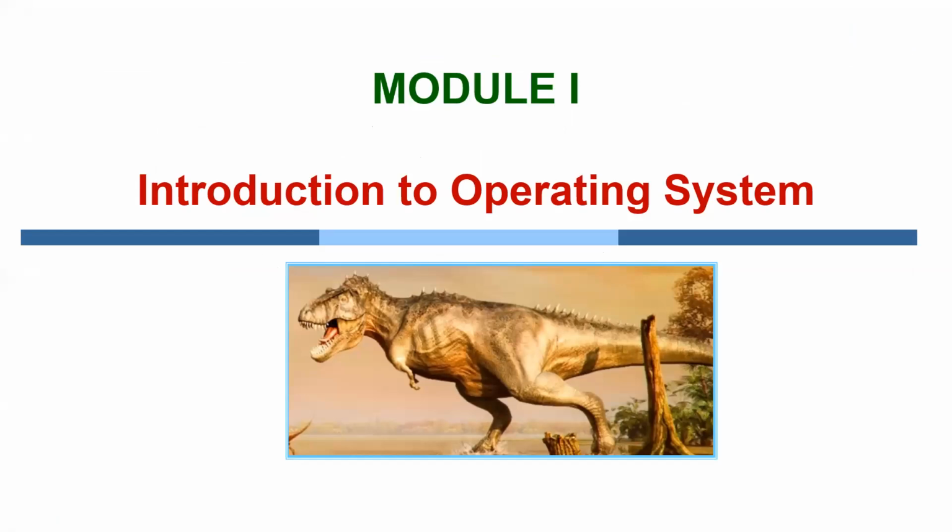Okay, we'll be starting with our first module now. We'll start with module 1, where we introduce what an operating system is. See, a system consists of two things, hardware and software.